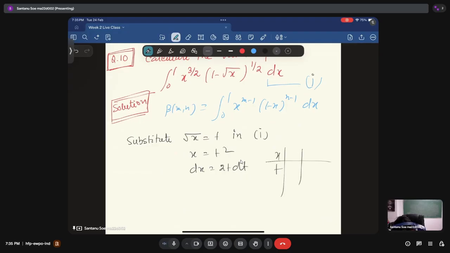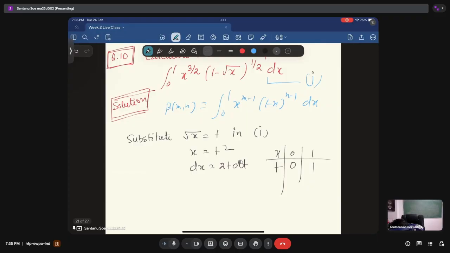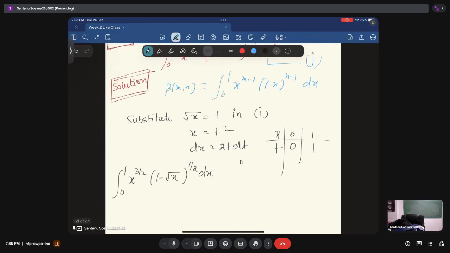So now if you put x equals 0, t will be 0, and if you put x equals 1, then t will also be 1. So our integral 0 to 1 x to the power 3 by 2 (1 minus square root of x) to the power 1 by 2 dx.